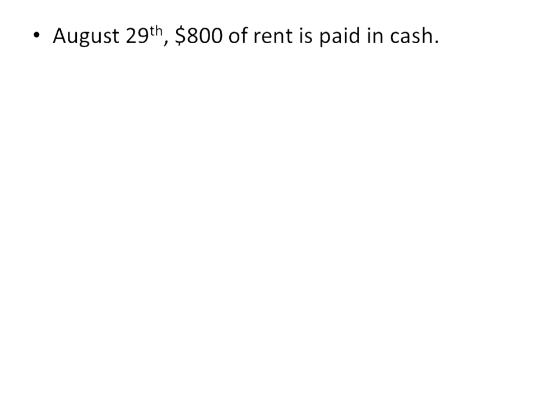Last but not least, August 29th, $800 of rent is paid in cash. So let's start with transaction analysis. What accounts are affected here? Well, we're paying something in cash, so obviously cash is impacted. And we're paying rent, so we'll have an expense that we call rent expense.